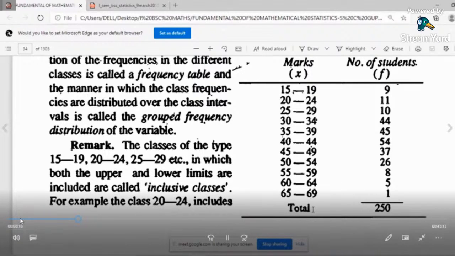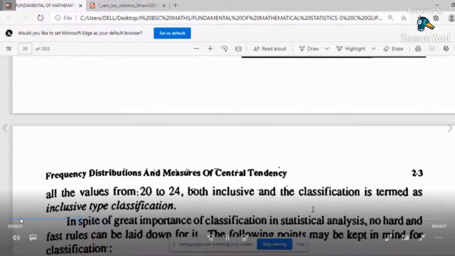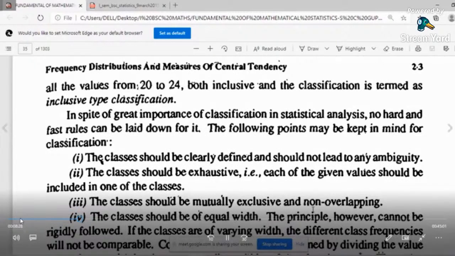That is usually called mutually exhaustive and mutually exclusive. Mutually exclusive means the classes should be different, not overlapping.